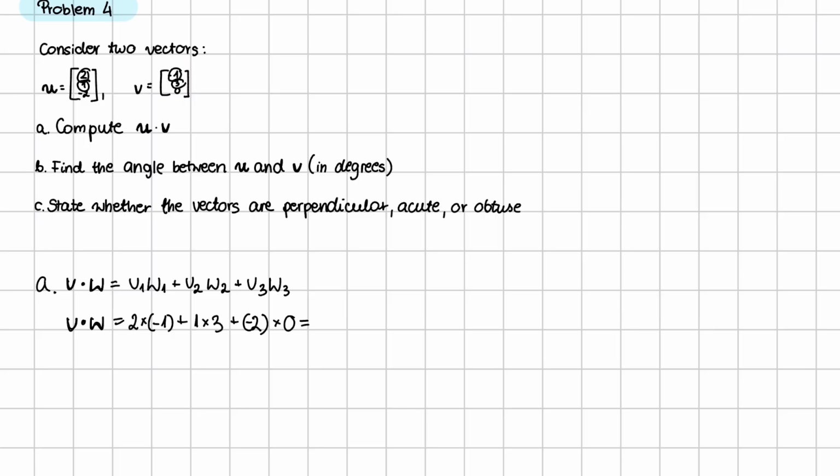So from this we have negative 2 plus 3 plus 0, which is equal to 1.